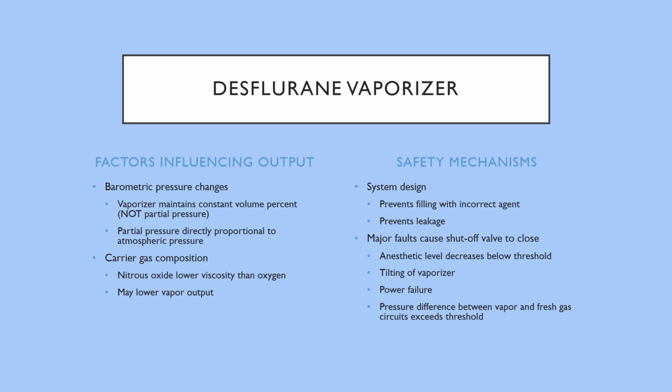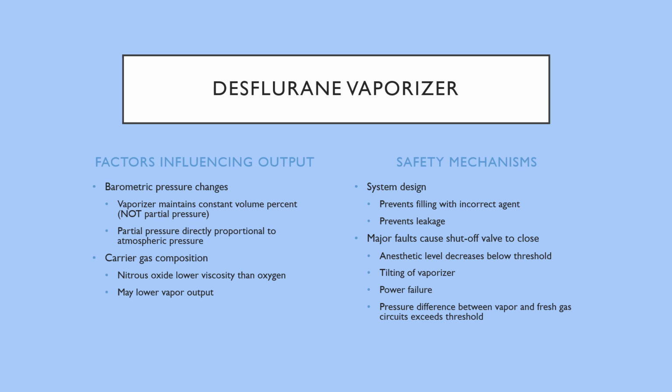So if your ambient pressure changes, it will definitely affect the partial pressure. For instance, at high altitudes, which is a lower atmospheric pressure, the partial pressure of Desflurane will actually decrease. So the concentration output must be increased in order to deliver the same partial pressure that you would at sea level.